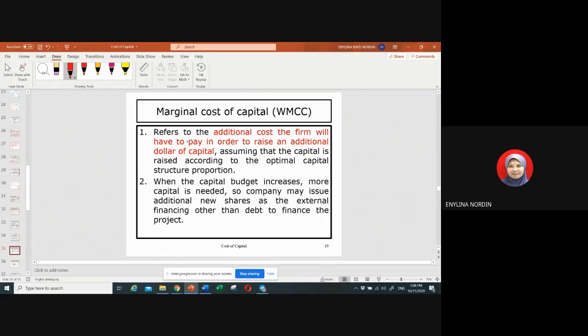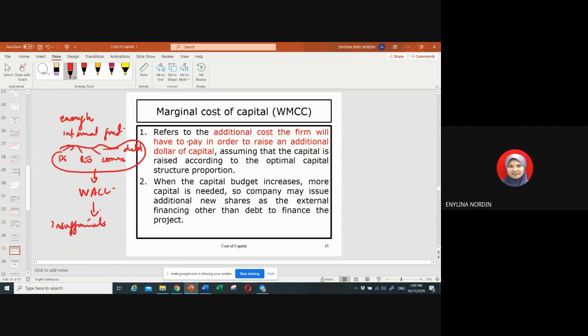If the company has enough internal funds, coming from preference shares, retained earnings, common stock or debts, to finance the new project, then the company does not have to calculate WMCC. The company will calculate the weighted average cost of capital. But there is a point of time where the company might have insufficient funds.